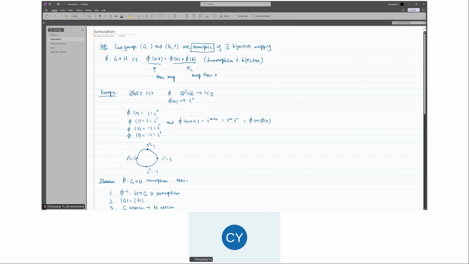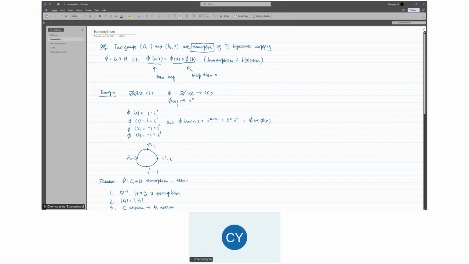The pointy brackets mean the cyclic group generated by this element. I think this is wrong, I should put a colon here, but whatever. The definition of the map is we map n to i to the n power.